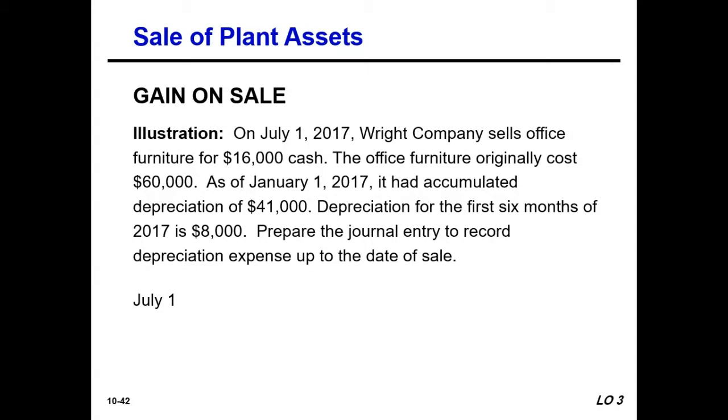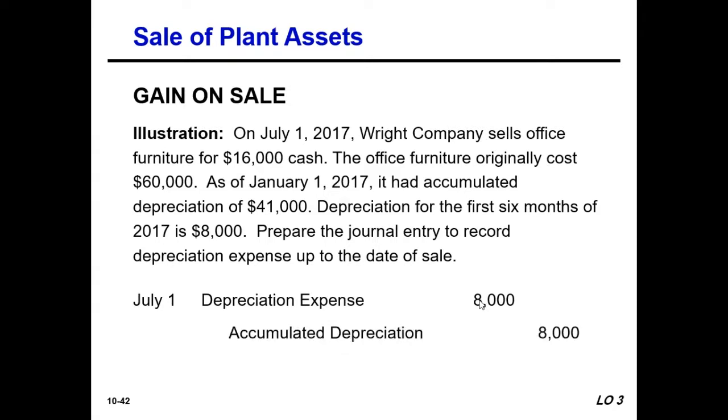Means on July 1, what is the depreciation entry? So you have to record a depreciation expense for 6 months only, which is this one. Is it clear? Yes, please. Is it clear, this entry?